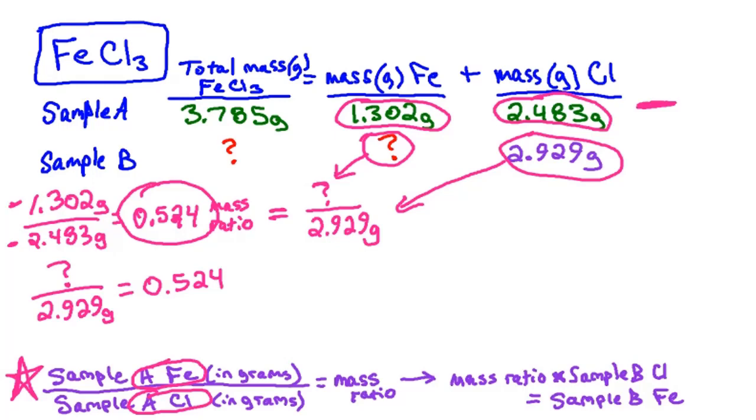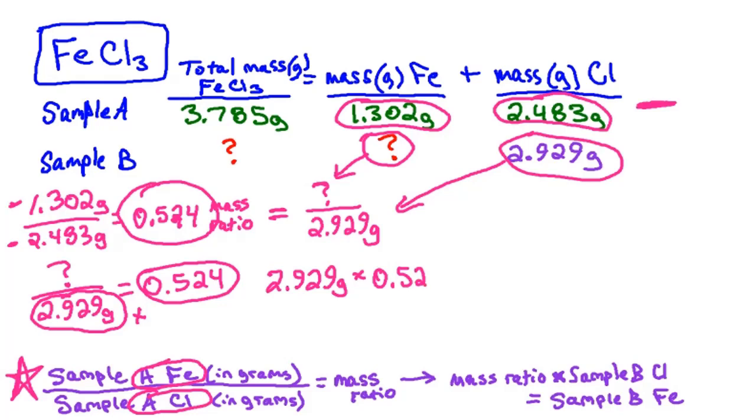In order to solve this question mark, we can just take this bottom number of the division bar and multiply that by the number on the other side of the equal sign. So 2.929 grams times 0.524, and that's going to give us 1.535 grams.